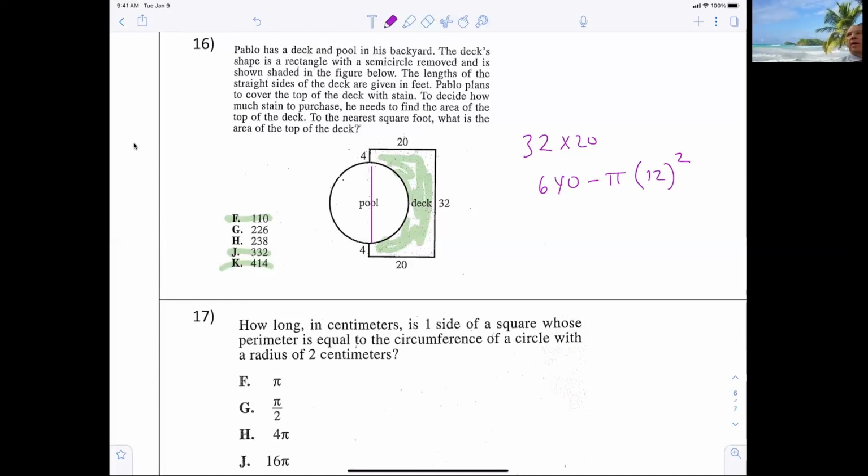So now everybody type in the handy dandy calculator, 640 minus pi times 12 squared. And I don't understand how you missed that one. Somebody tell me what the answer is. Anybody else have any issue with that?